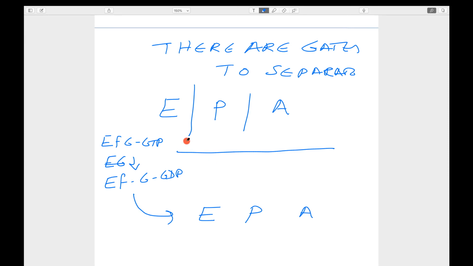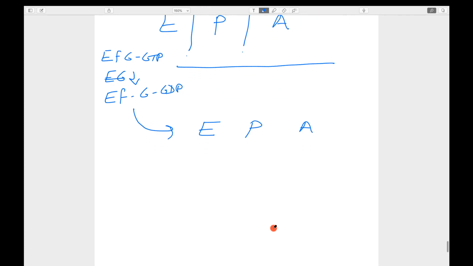See, here the gate, here there is no gate. Once the gates are unlocked, unlocking has taken place.